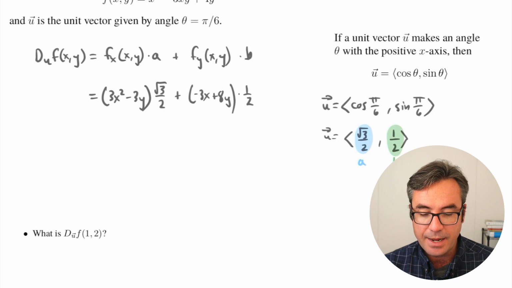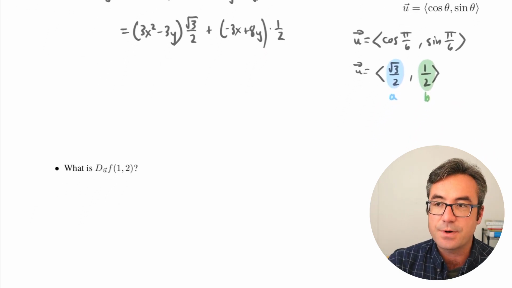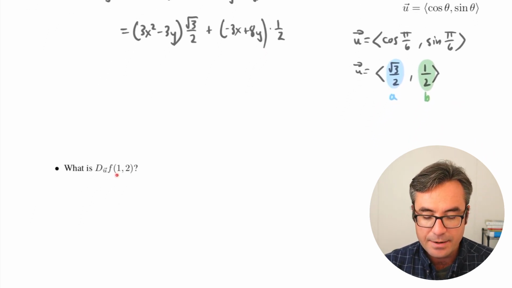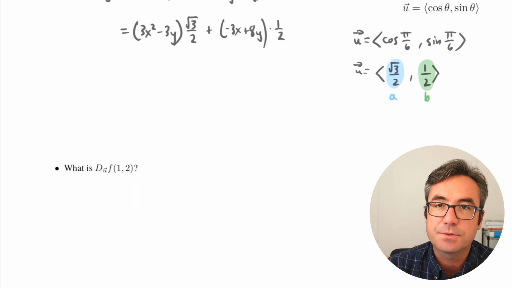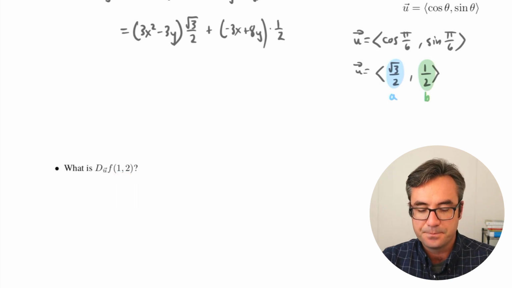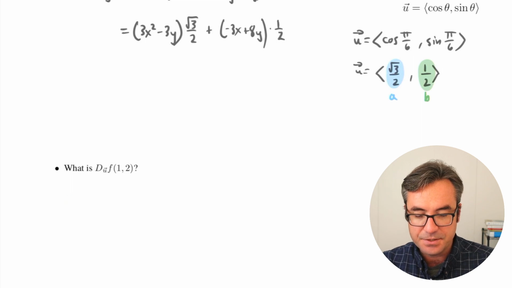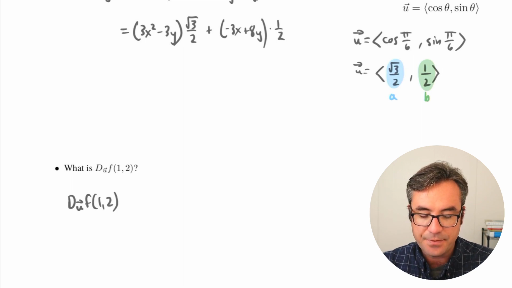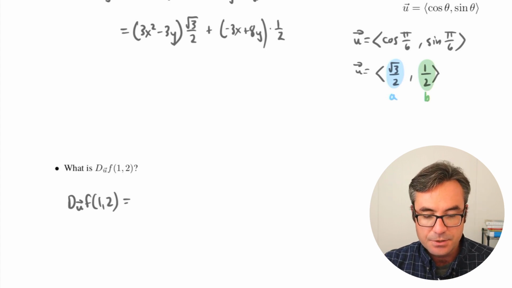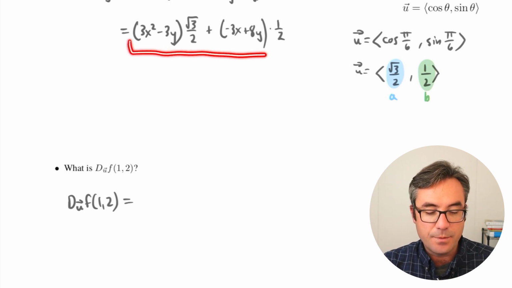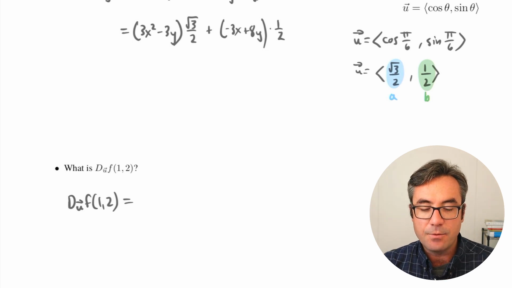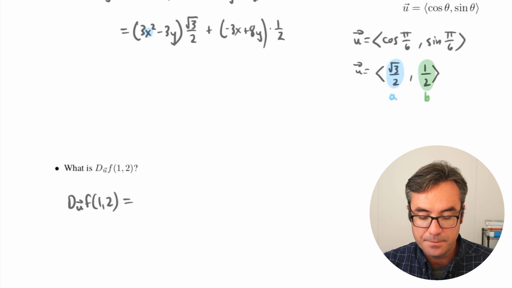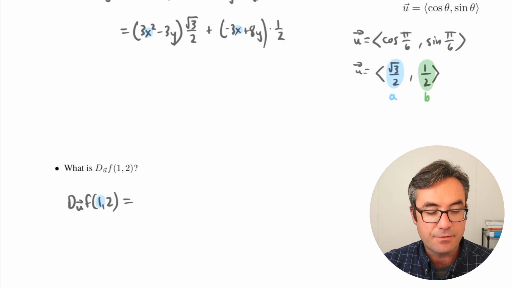So when we plug an x and y value into this, we should get a number out. So let's see what happens if we evaluate this directional derivative at the specific point x equal to 1 and y equal to 2. So we're going to calculate this directional derivative evaluated at the point 1, 2. We're going to use this formula we just figured out, and wherever I see an x, I'm going to plug in 1, and wherever I see a y, I'm going to plug in 2.